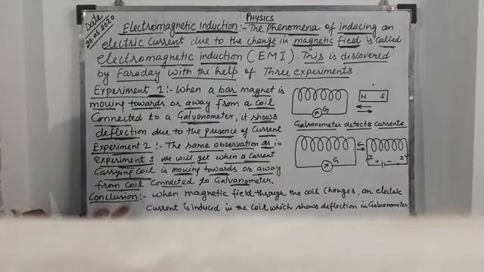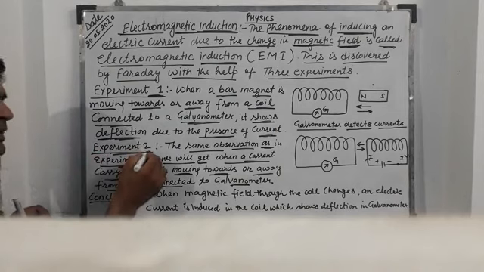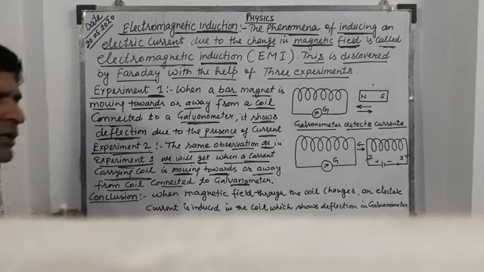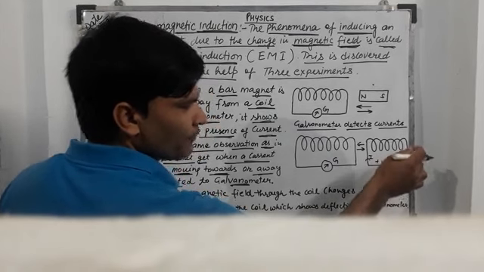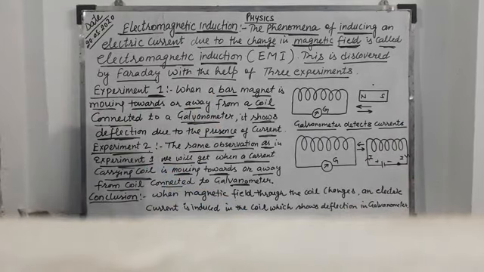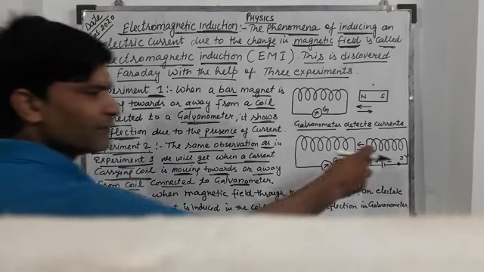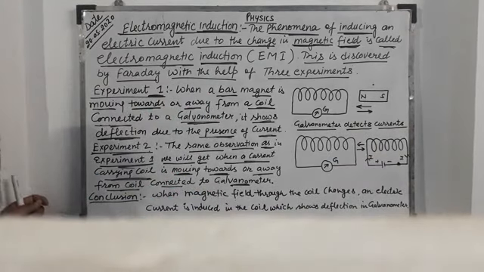So that is the only difference between experiment 2 and experiment 3: in experiment 3 we have a key connected to the coil in which current is passing.